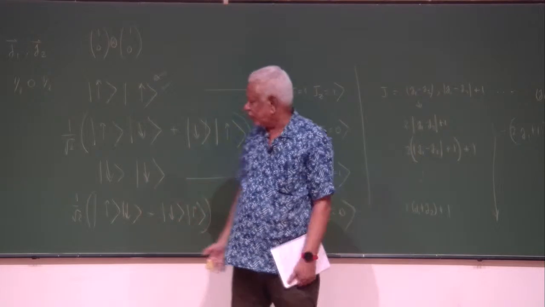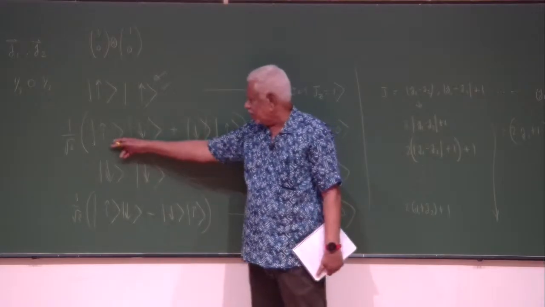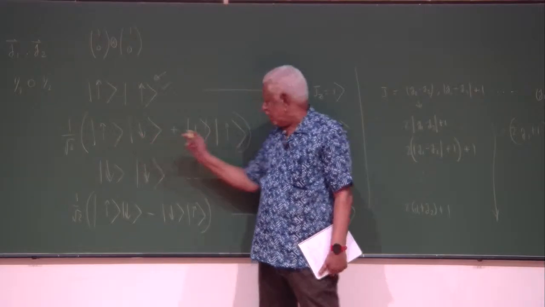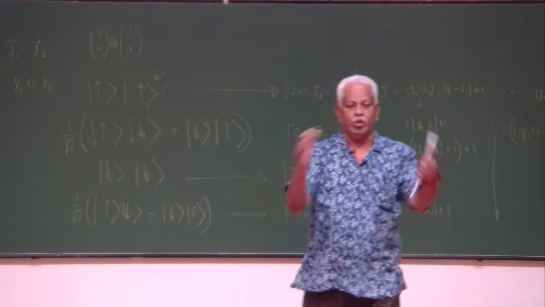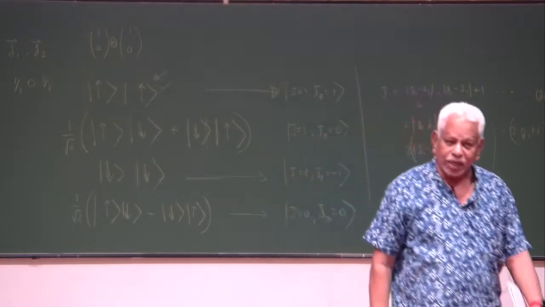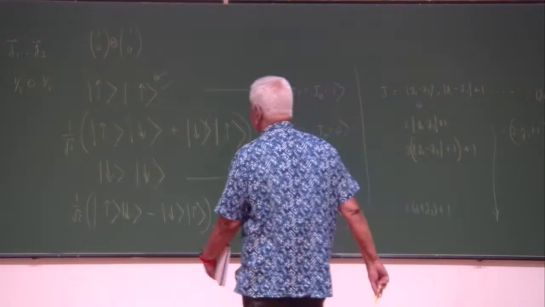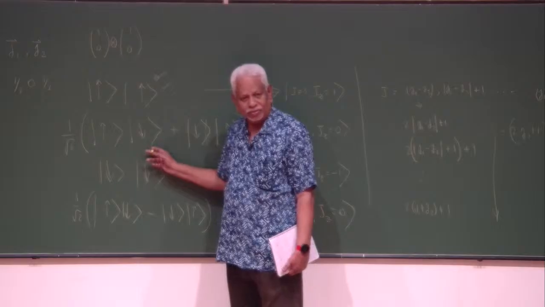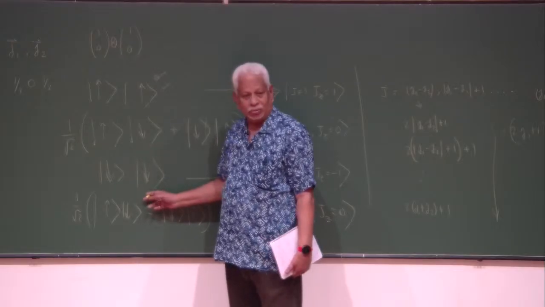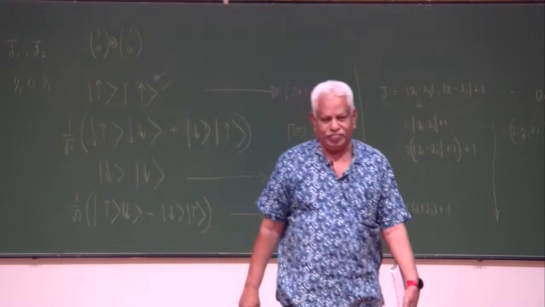Both are up. Now what about this? This is up and this is down. This is down and this is up. I interchange both. Does anything happen? No. So whatever permutation symmetry of this is there for this also. It is there for this also. All the three have the same permutation symmetry.